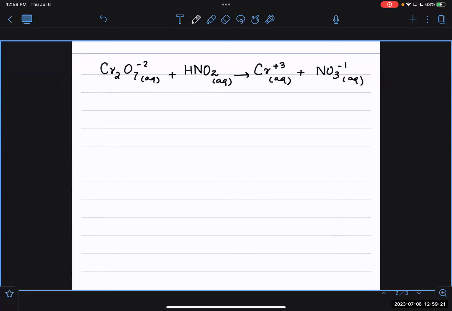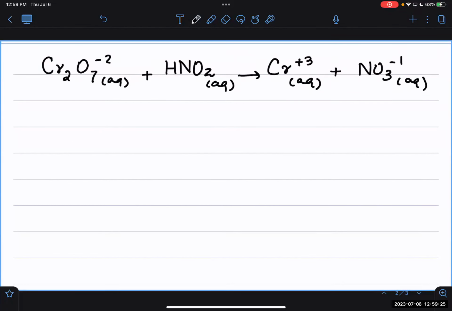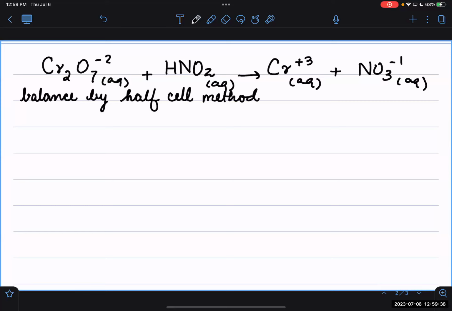So this is the problem. The question is saying balance by half cell method.